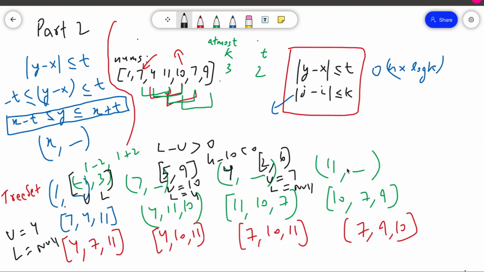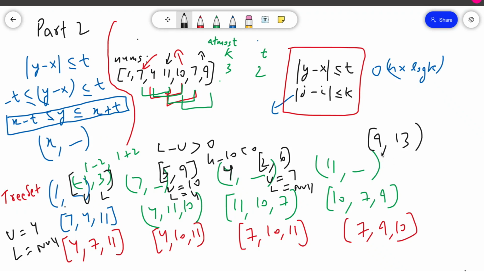We will move on to the next number, which is 11, and we will update our tree set data structure by deleting the 11 and inserting 9. Okay, the range of the other number of our pair is 11 minus 2, 9, and 11 plus 2, 13.